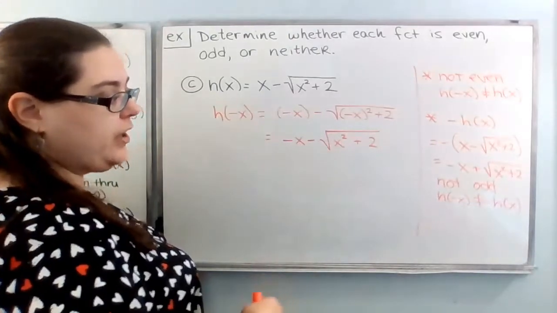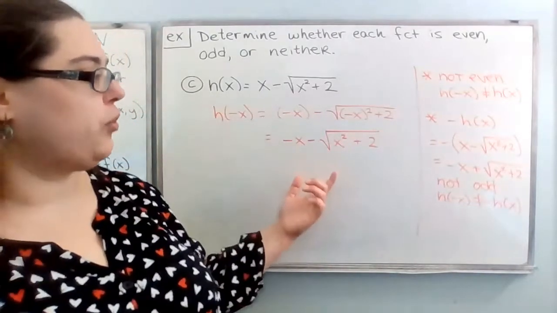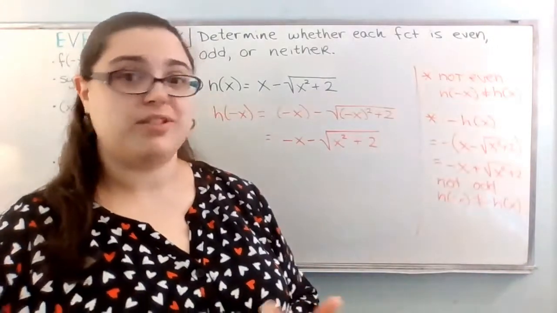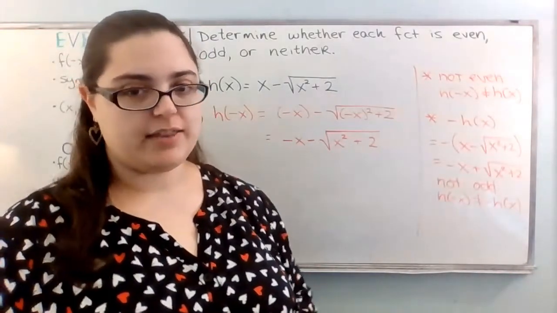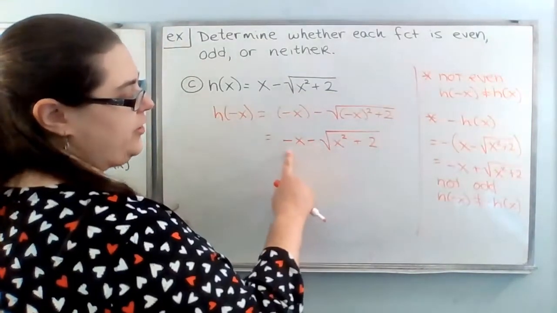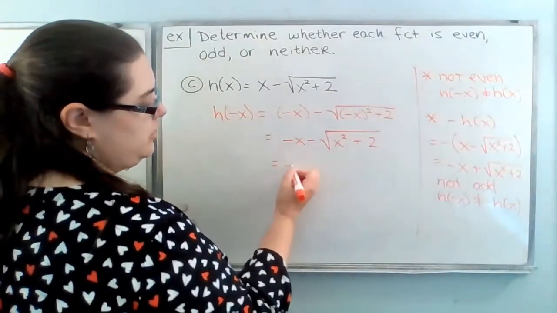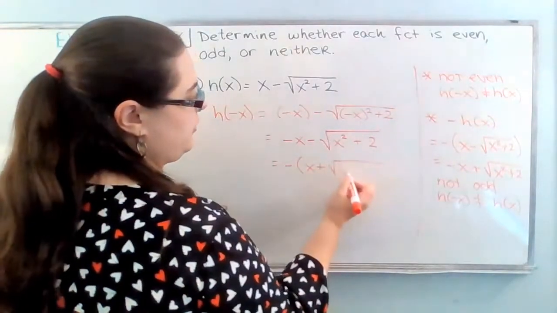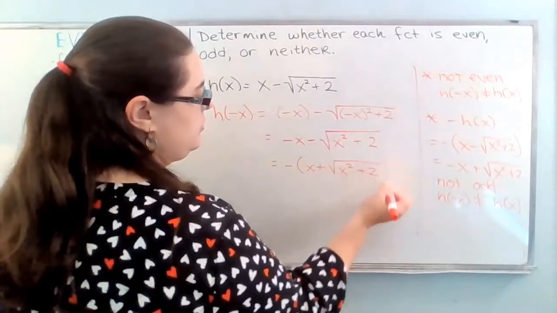So to do that, I want to get it in the form where I have negative something, because then I can see it's really not the original and it's not the negated form. So what I'm going to do here is factor out this negative sign to get x plus the square root of x squared plus 2.